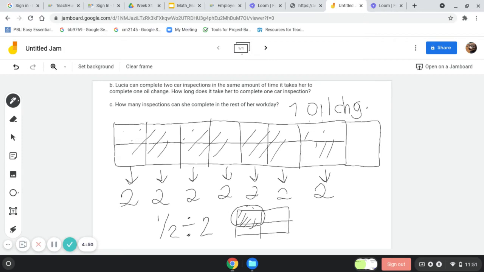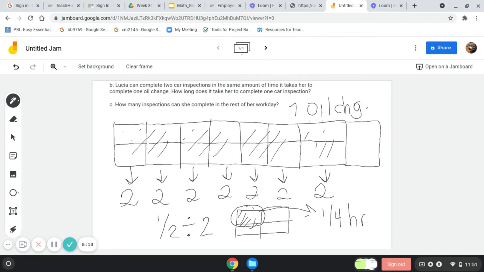So that means it takes Lucia a quarter of an hour to complete a car inspection. And 2 car inspections would be equal to a half hour, because a quarter and a quarter is equal to a half.